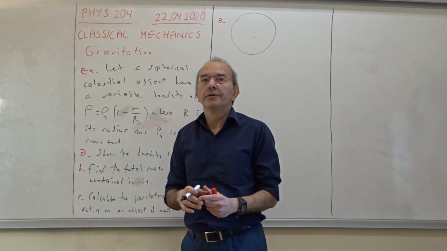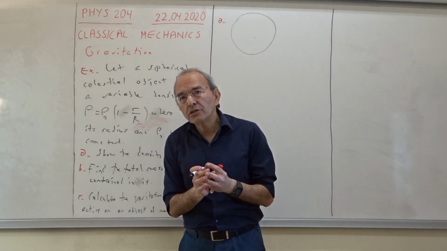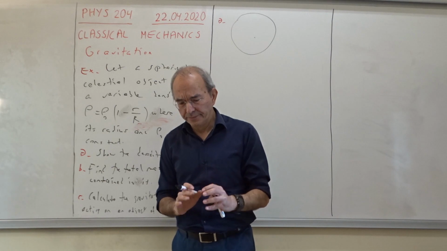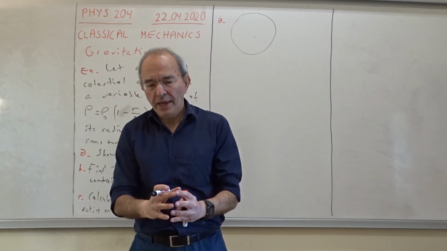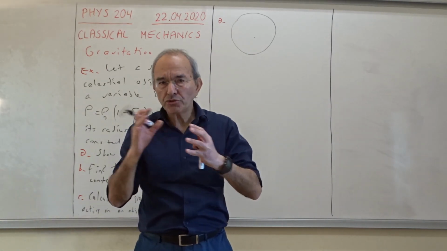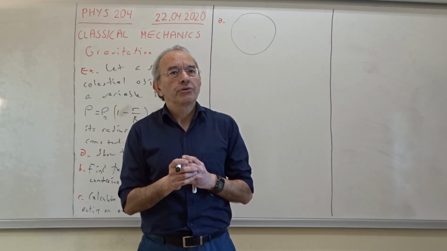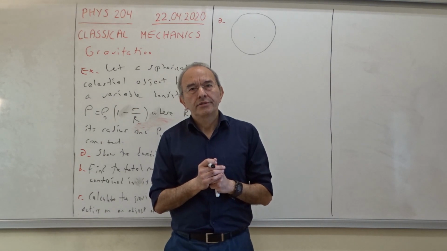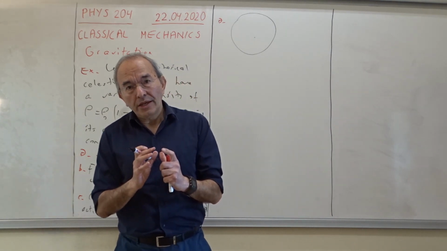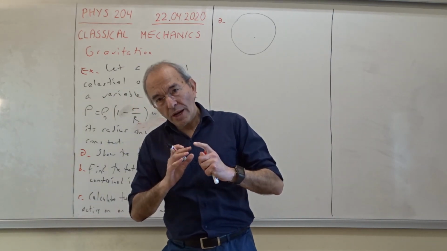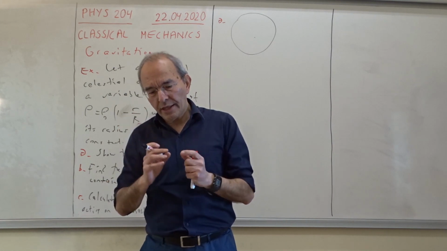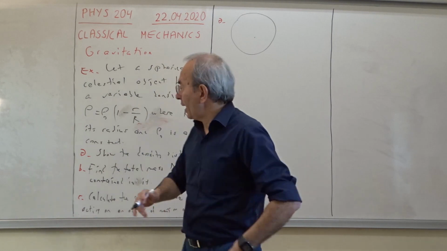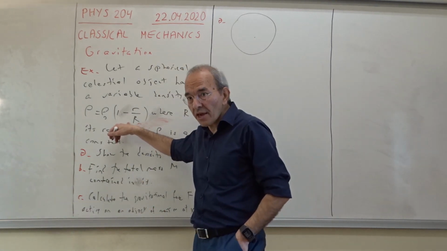Our Earth consists of heavier, denser material near the center, and as you go to the surface, that density gets gradually smaller. And this function shows the same behavior.